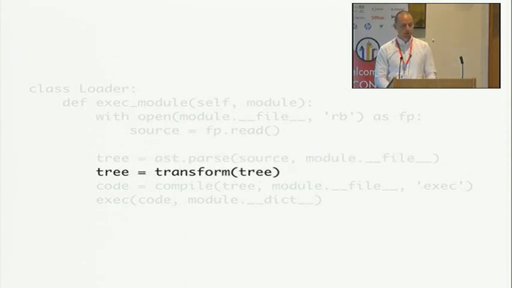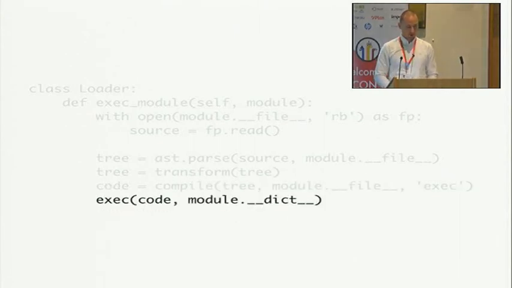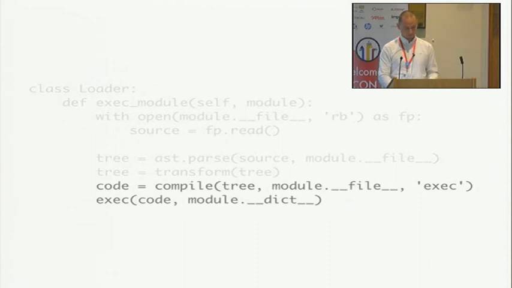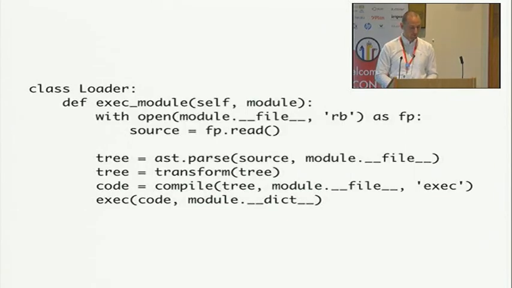We use the function we've written long ago to transform this tree, inject import statement, replace assertions. And then we compile this with compile, a built-in function, and execute this, again a built-in function. Worth noting that we execute this with globals set to module dot underscore underscore dict, which is the module global namespace. Okay, complete code looks like that.